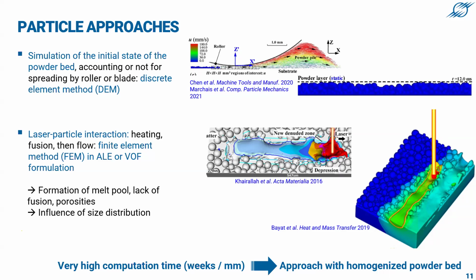So in the literature, there are more frequently approaches that concentrate on a homogenized powder bed, not distinguishing between particles, but assigning homogenized properties to a powder bed that is considered as a continuum.